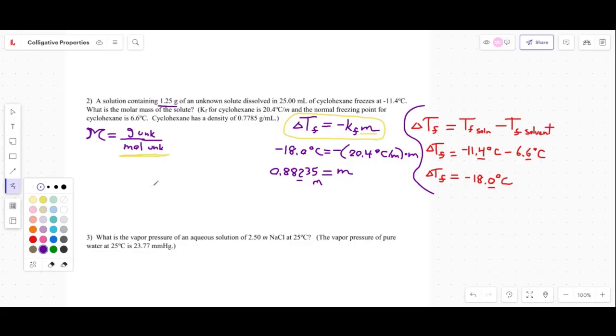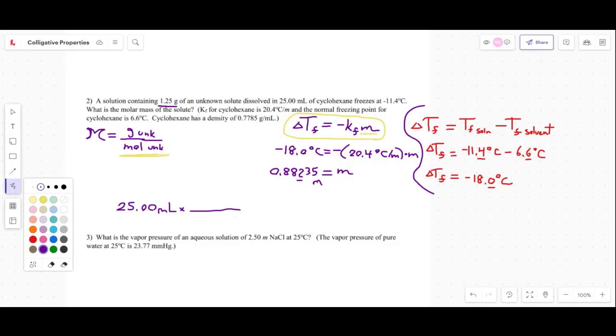So for me, we're going to have to take the volume of the solution, which is 25.00 milliliters. We're going to have to convert it into grams and then kilograms, and then it's not just a solution; it's the solvent.